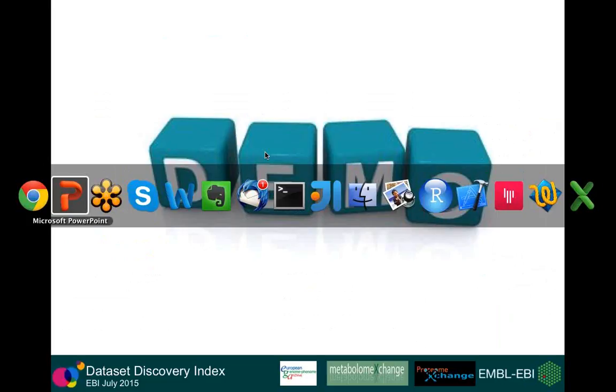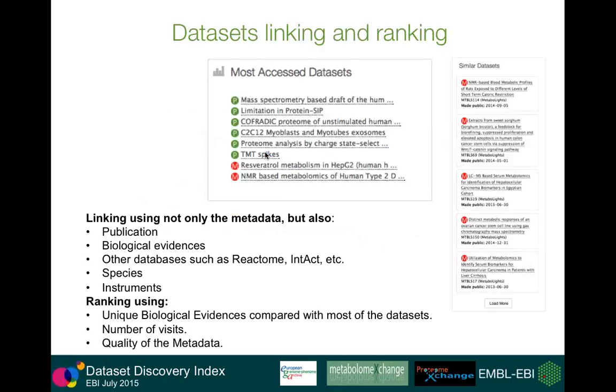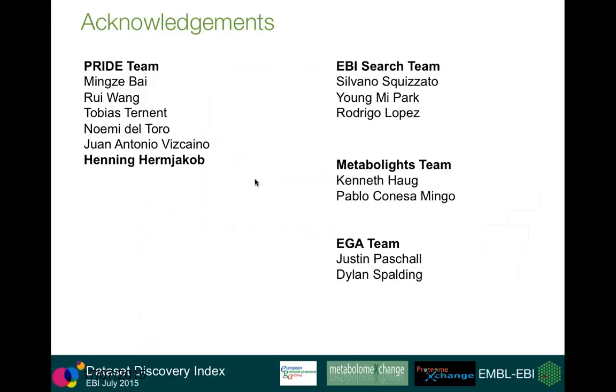I don't have much to say about it. We are now working on a way of linking different data sets. For that, we are trying to refine the way that we store the data, how we modulate the data, and also trying to come up with a kind of ranking using the biological evidence, the proteins, and the metabolites.